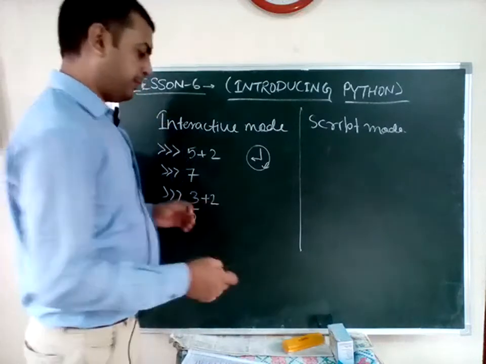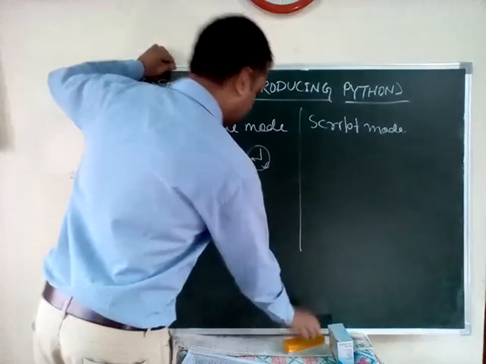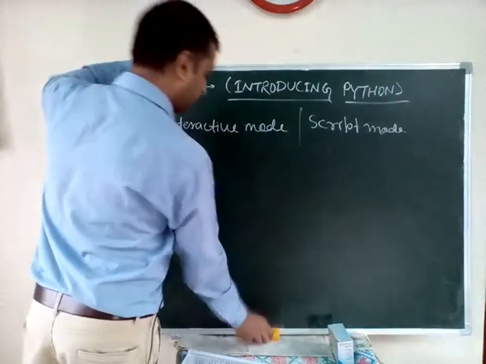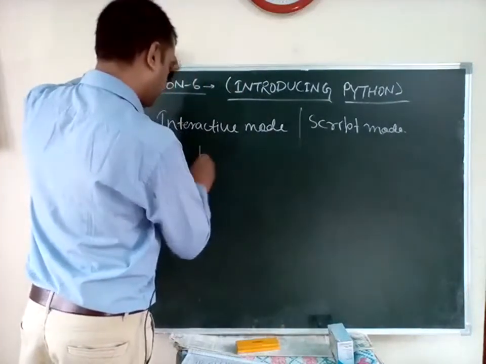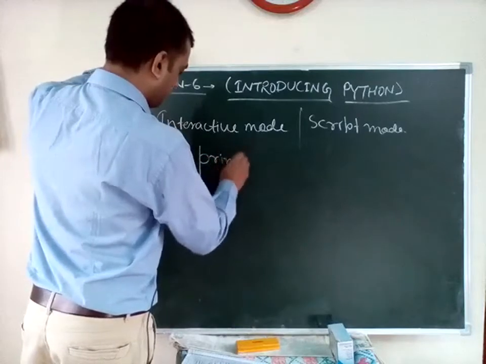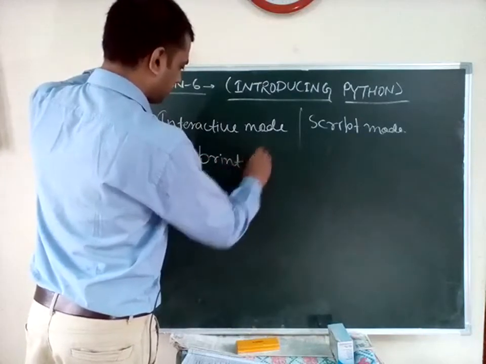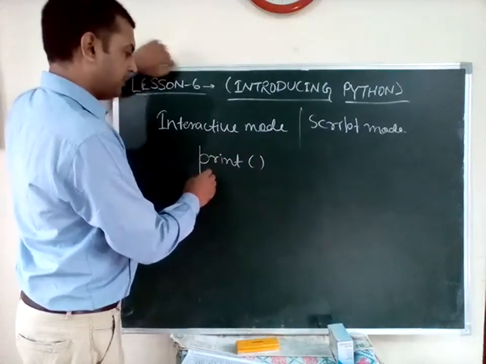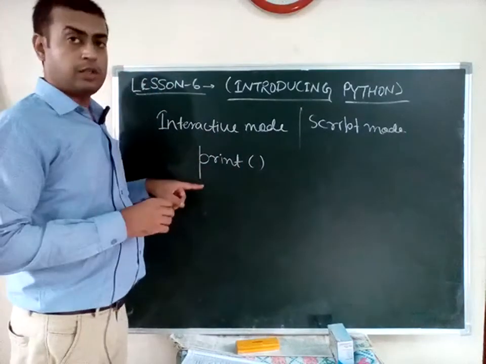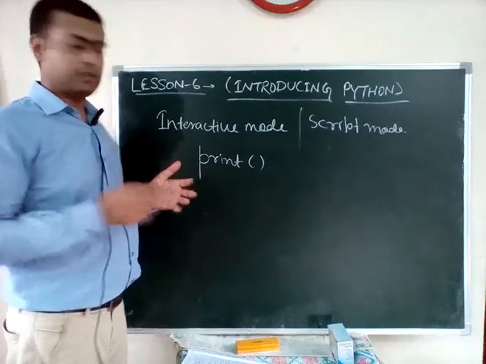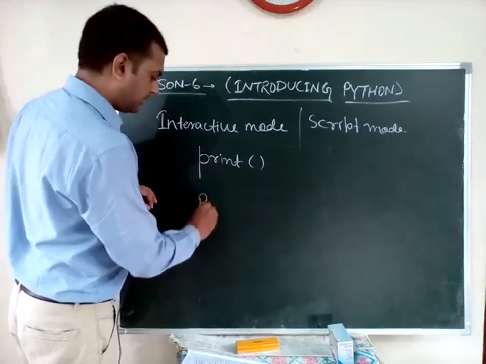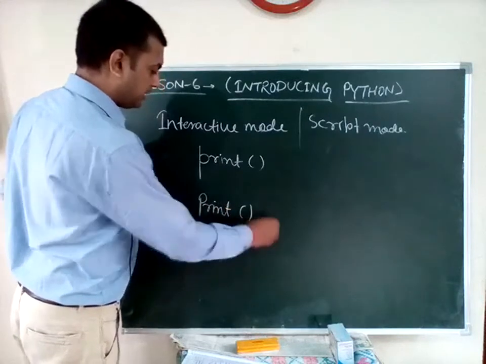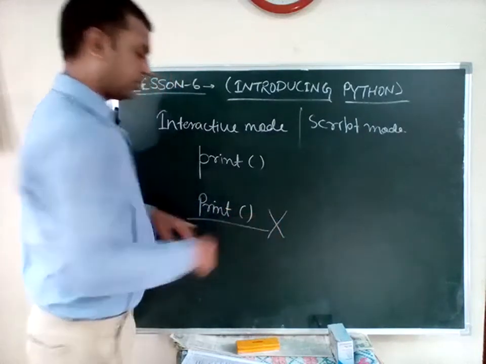The print command has one format. You can't write the print command as you want. Print, this is the format of the print command, meaning it should be small. Python is a case sensitive language, and if you write Print with a capital letter, this is wrong.